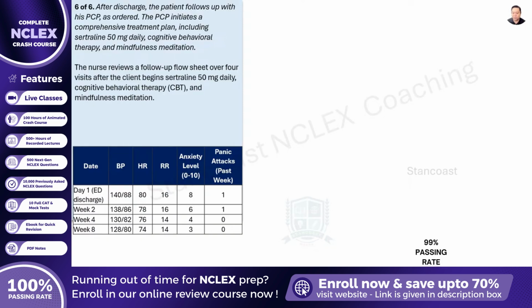On week 4, blood pressure is 130/82, heart rate 76, respirations 14, anxiety level 4, no panic attacks. On week 8, the patient's blood pressure is 128/80, heart rate 74, respirations 14, anxiety level 3, and panic attacks 0.